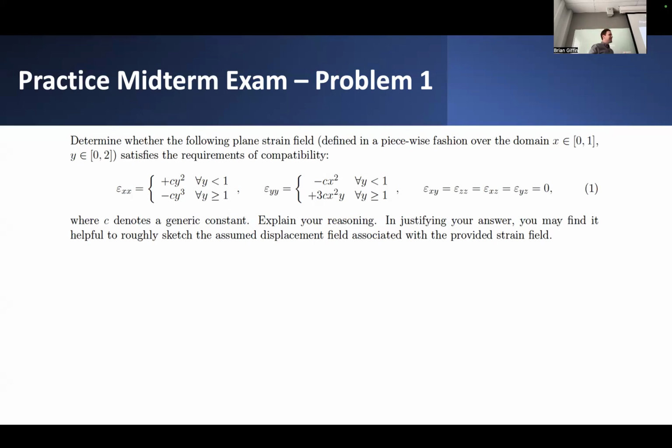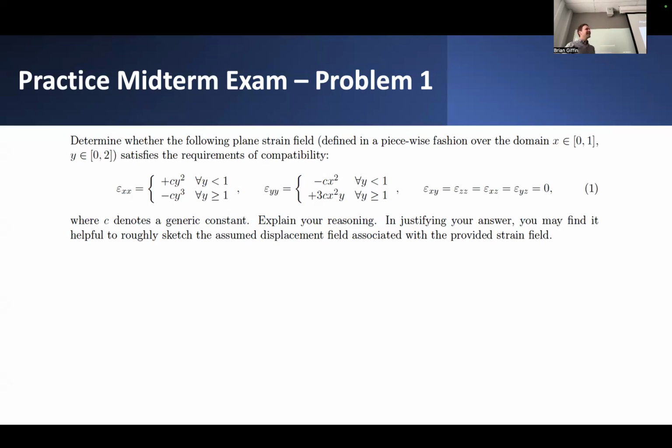Try to use compatibility, verify does it satisfy those conditions. All right, so it turns out we're probably going to have to do a little bit of both of those things. And the reason has to do with this funny thing. And again, I'm throwing a curveball at you. I can afford to do this because it's the practice midterm, but it's nonetheless illustrative.